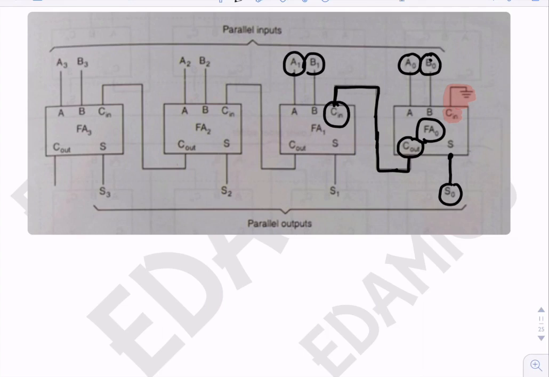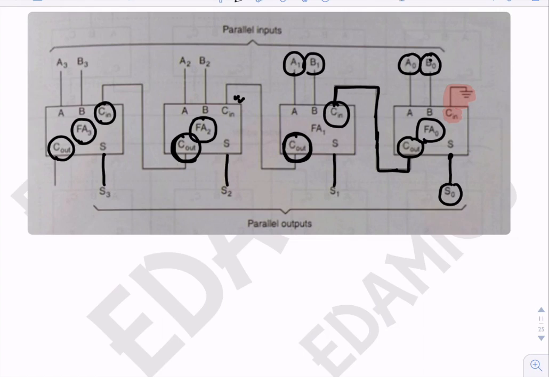A1 and B1 are the inputs, the output is the sum bit, and the carry output of this full adder at the first level acts as an input to the full adder of the second level, and the carry output of the second level works as the input carry of the third level, and this is C out, this is S3, S2 and S1. So this is how it is working. Okay, simple addition is implemented using a digital logic circuit.